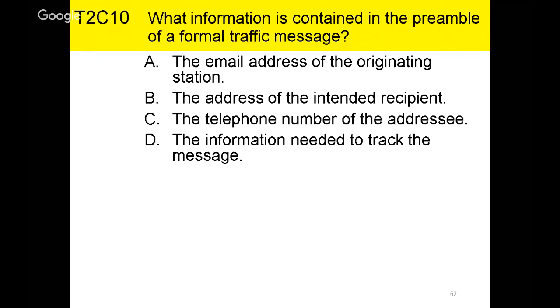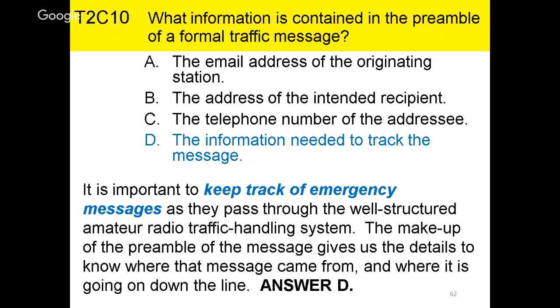And even under practice, they're typically routine messages anyway for practicing. But the preamble has to contain certain information in it, and that is to make sure that the message is delivered completely and accurately. So you want to make sure that the information needed to track the message is all in there.